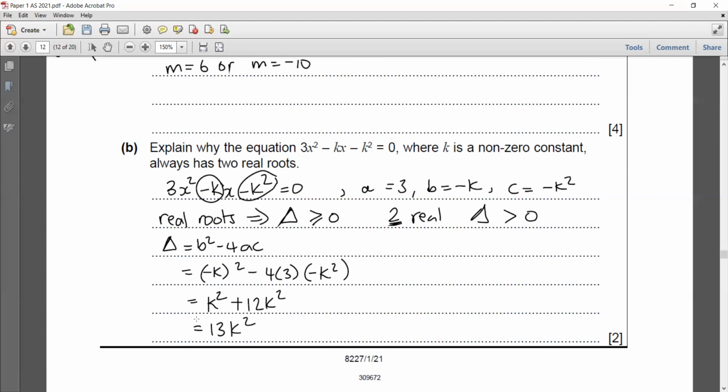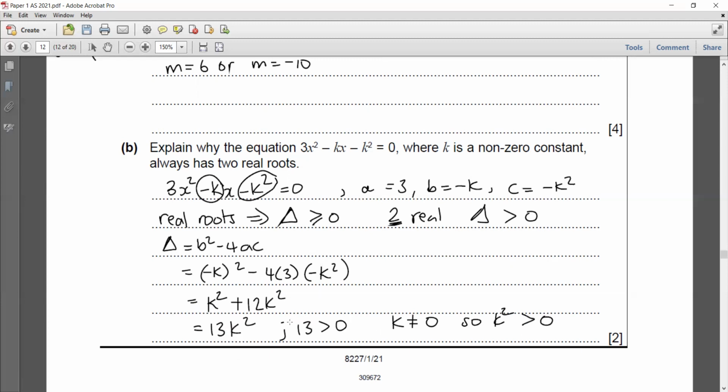Okay, so now we have to say something about this number. Now 13 is positive, so 13 is a positive number, and k is not equal to 0, so k squared is greater than 0.